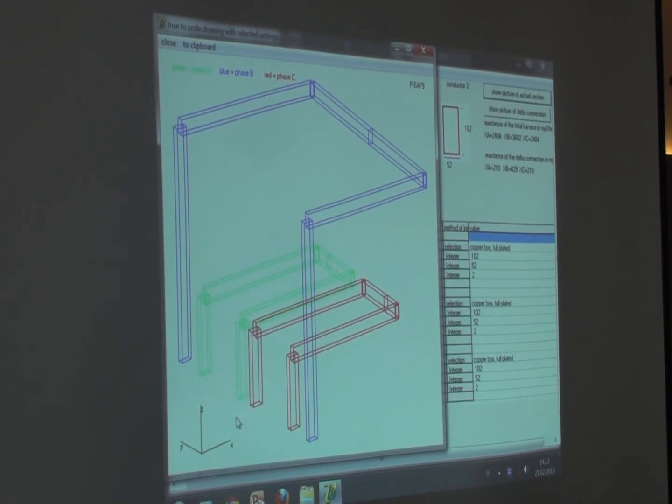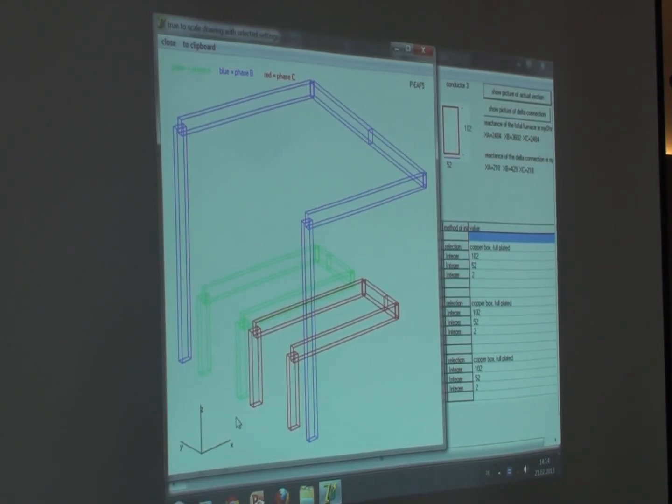If you have this solution, the total reactance together with this is symmetrical. But in the star there's an unsymmetrical system.